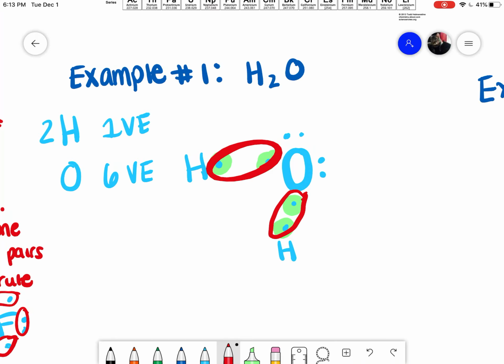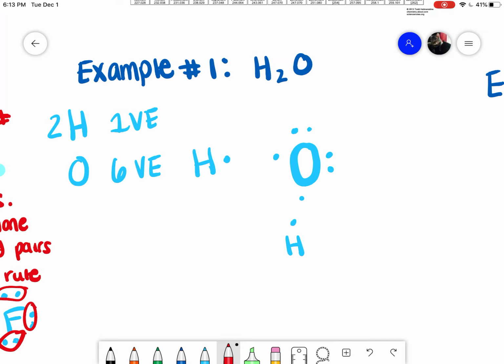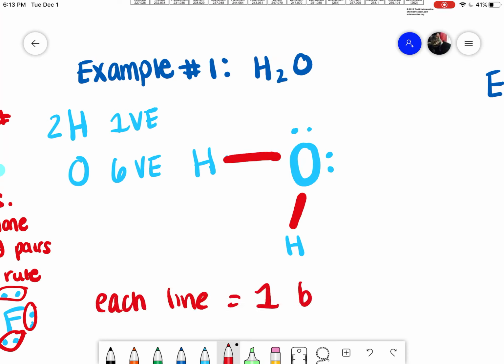And those electrons are going to be used to create those covalent bonds. So to draw our covalent bonds with our Lewis structures, instead of circling the 2 electrons to show that they're shared, you're just going to draw a line from one to the other. Each line equals 1 bond or 1 shared pair.